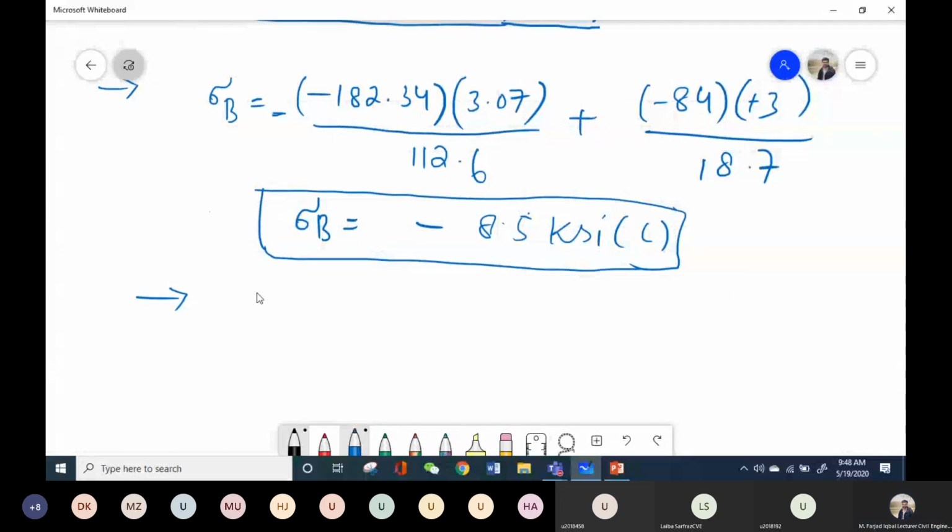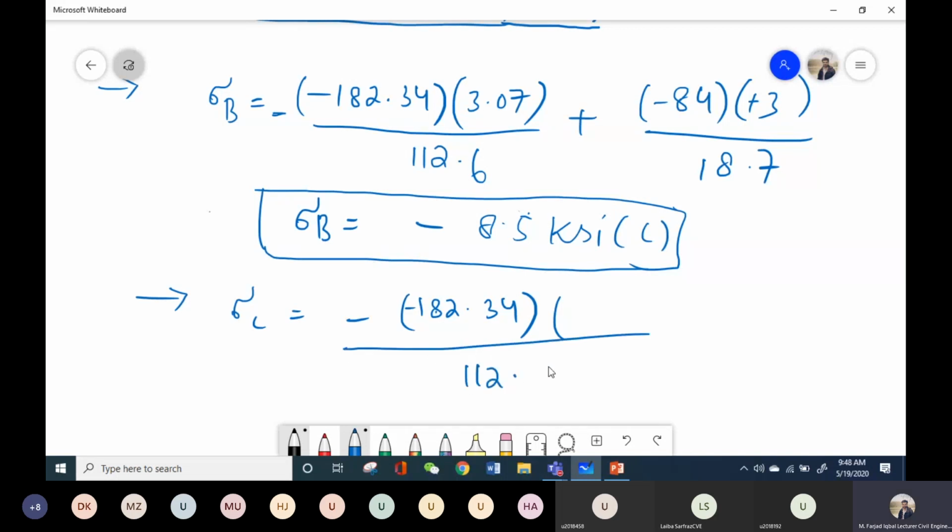Okay. So what will be my equation? All other things will remain the same. This will be minus 182.34. The distance we can figure out later. And this will be also minus 84, this distance divided by 18.7.